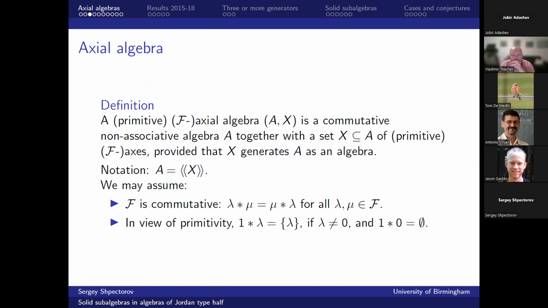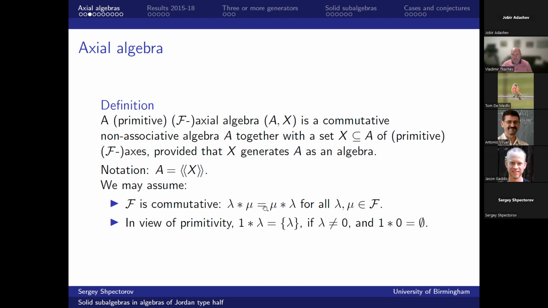Okay, an axial algebra is just an algebra A with a set of axes for a particular fusion law, and this set of axes must generate A as an algebra. This is our notation for generation, double angular brackets.